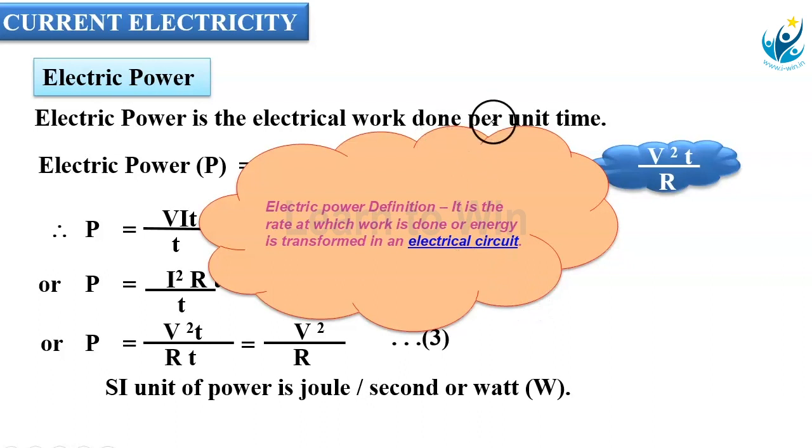Work done per unit time, W by T. The rate of doing work is the power.